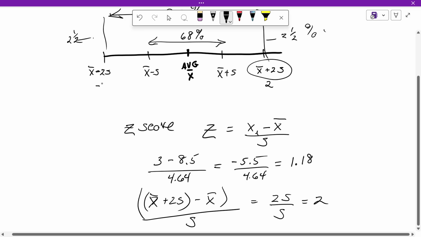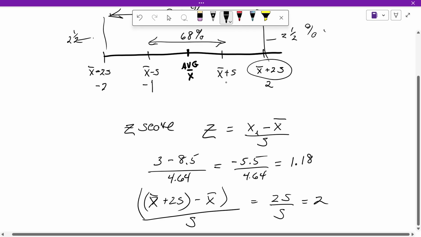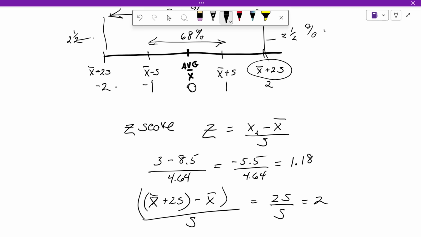This one has a z-score of minus 2. This is a z-score of minus 1. This is a z-score of 1, and this is 0. This is standardized. That's what the z-score is. It's the standardized score.